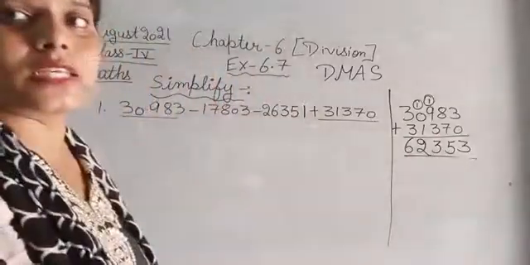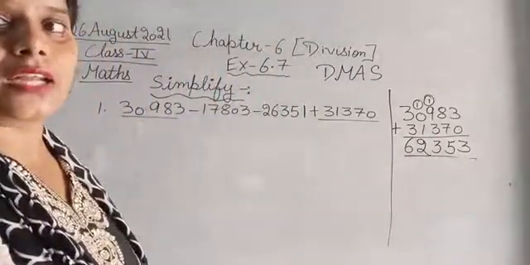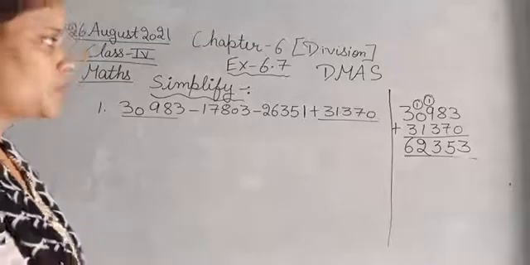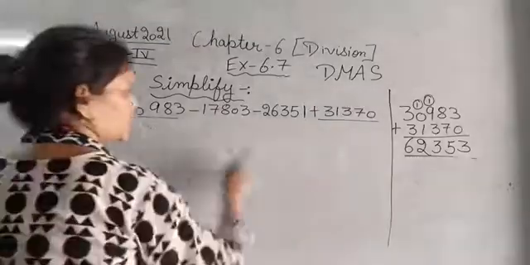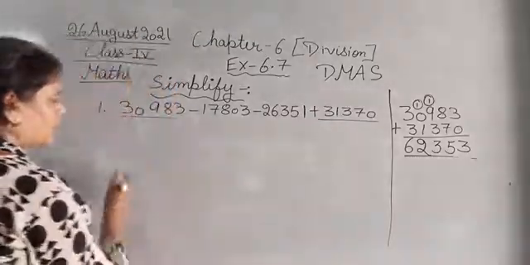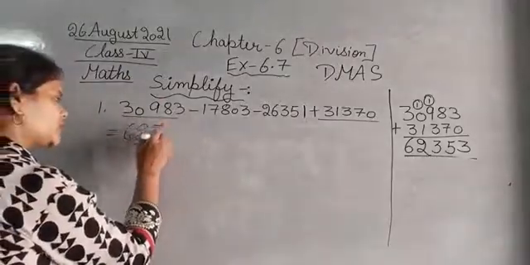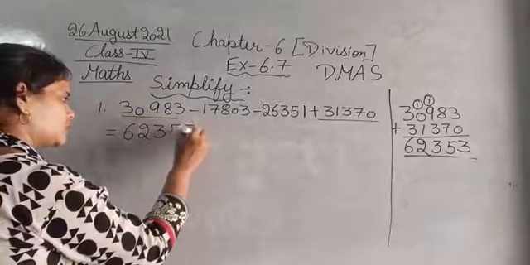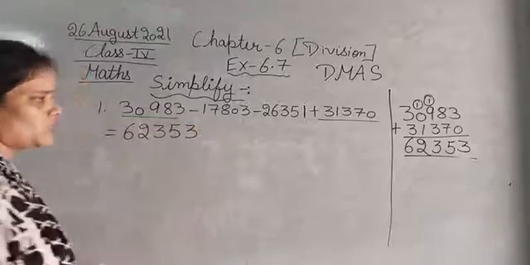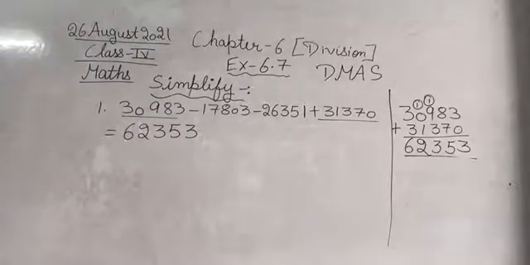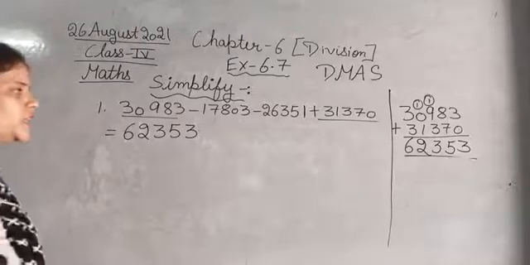The number is 62,353. So after adding these two, we got 62,353. Now subtract the other two numbers.